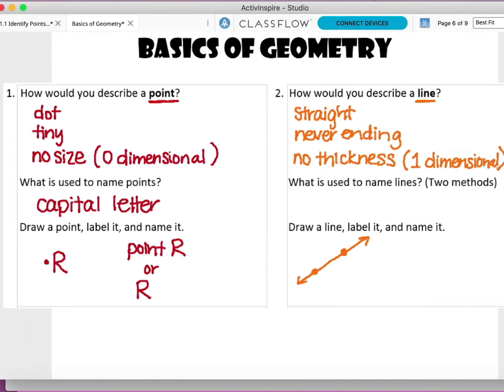There's a forward-backward sort of motion. And then to name a line, we can either choose any 2 points that are on the line, because through any 2 points there's only one line, or we could use a lowercase letter.